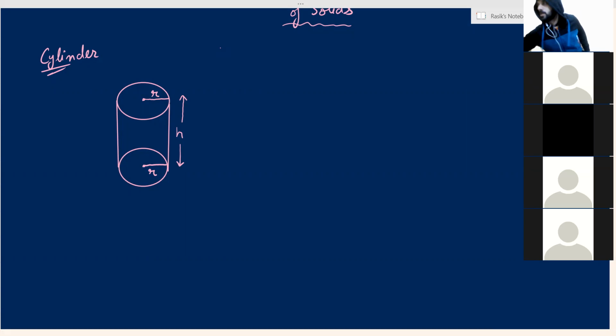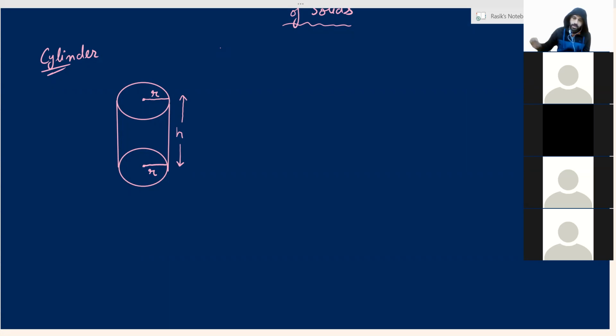So this is a talcum powder box. This is in the shape of a cylinder. You can see the bottom is circular, the top is also circular, and this is the curved surface of the cylinder. So total three surfaces are there.